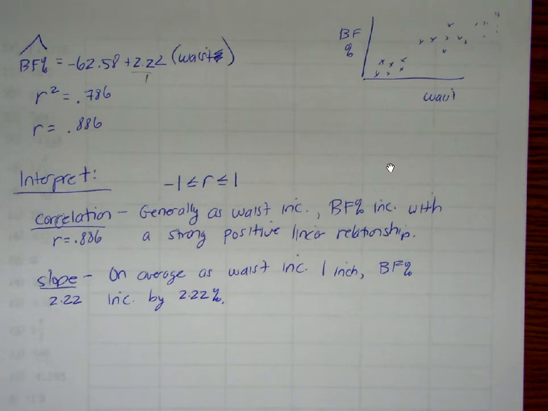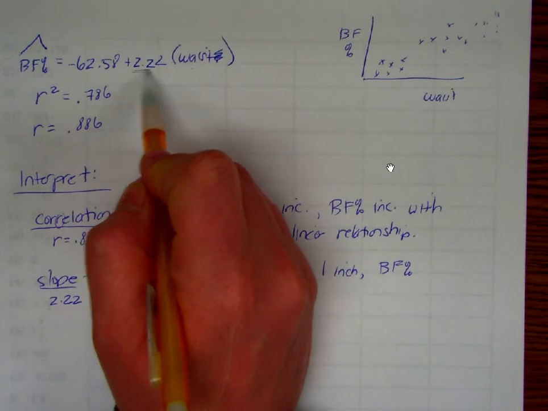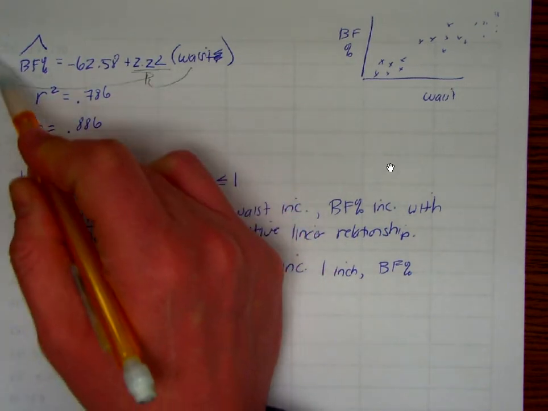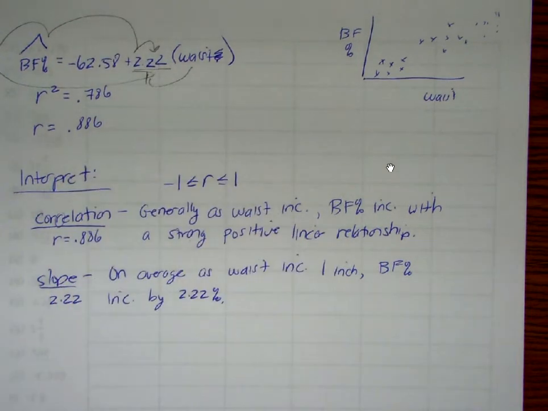That's my cloud method. You start here with waist, put your fraction, put it over 1. As the waist increases by 1, body fat percentage increases, because that's positive, by 2.22.